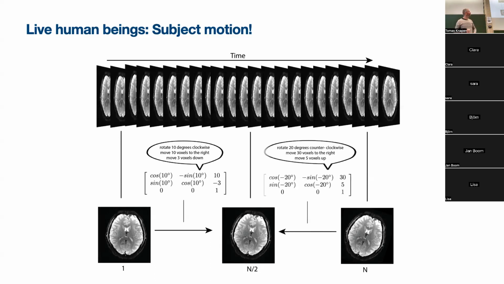What you do is, people call this motion correction. I would prefer to call it realignment over time, so you align the brain over time. What this means is that you construct an entire set of matrices to best align the brain over time.